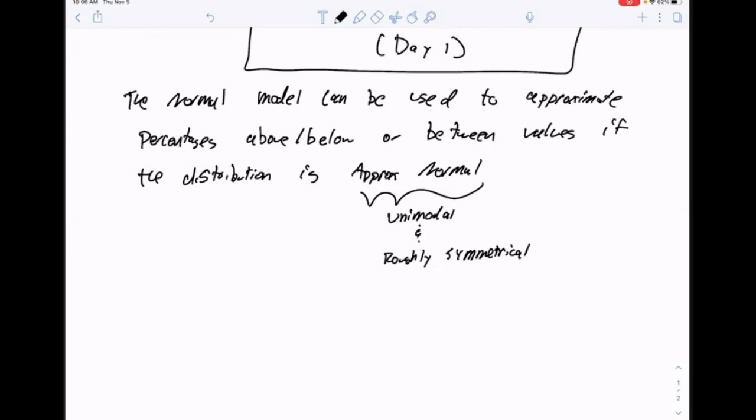All right, so if you try to use the normal model to find percentages for something that is not unimodal and symmetric, your answers are not going to be close to the actual answers. It's an approximation for most distributions. The biggest mistake is when I ask you whether something is unusual, for example. When you find something's unusual, you just find the z-score and analyze the z-score.